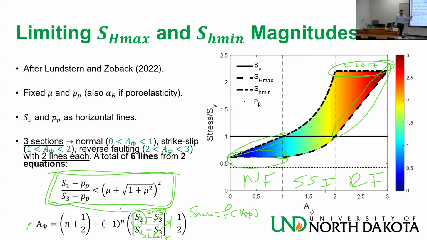Remember, n is 0 for normal, 1 for strike slip, 2 for reverse. And now I have an equation that gives me SH mean from alpha phi. And I ask Excel, or MATLAB or Python, give me SH mean for alpha phi moving from 0 to 3.